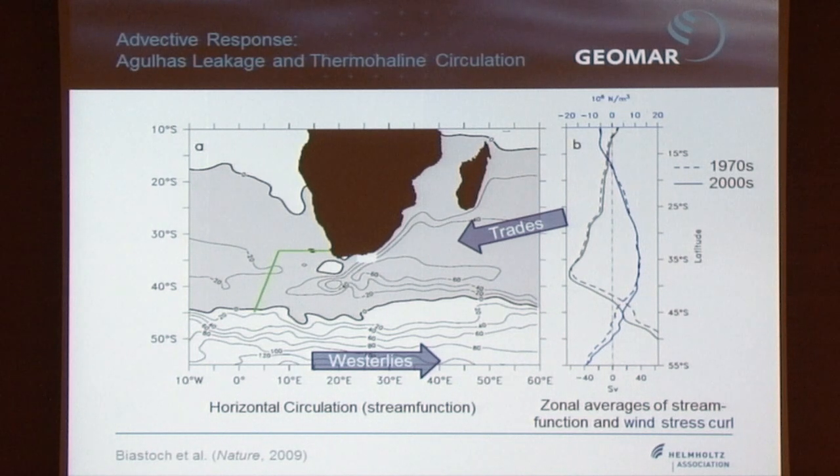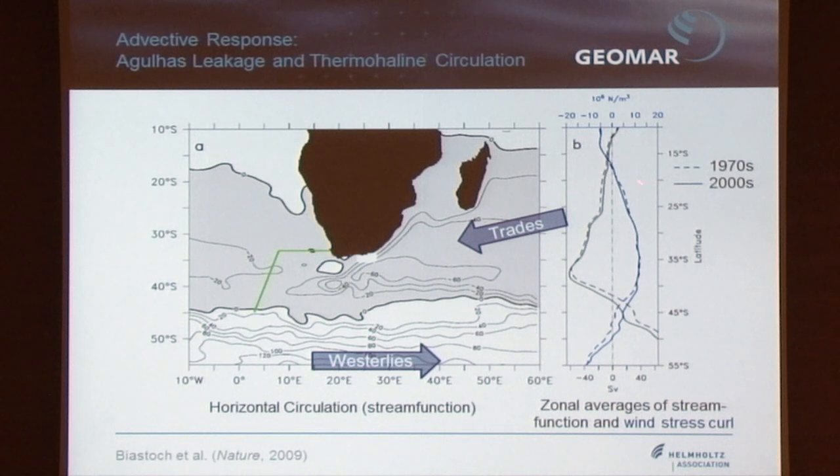This is the so-called stream function from the Atlantic high-resolution model, where you see the Atlantic and the Agulhas circulation that is connected and rather forms a complete horizontal gyre, which is called the supergyre.